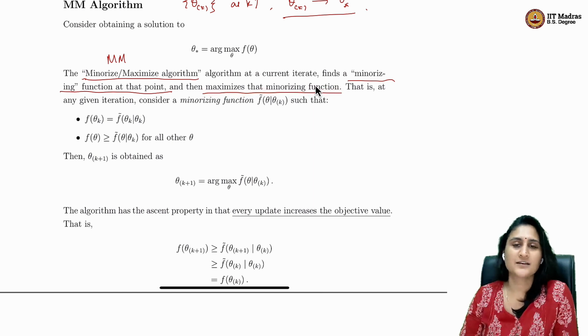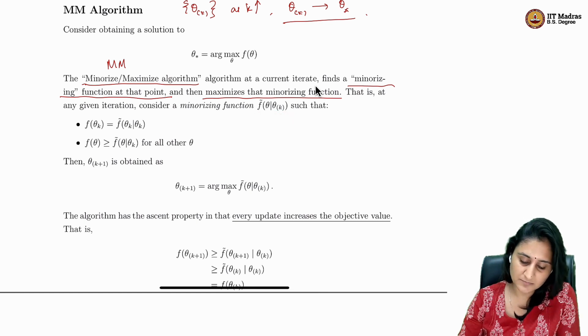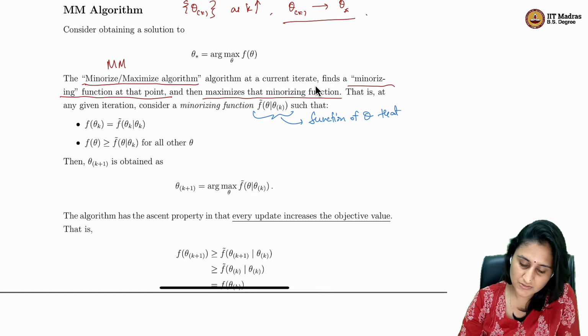So what is a minorizing function? A minorizing function is a function f tilde of theta given theta k. I just want to take a second to understand what this means. This is basically a function of theta that changes with theta k, right?